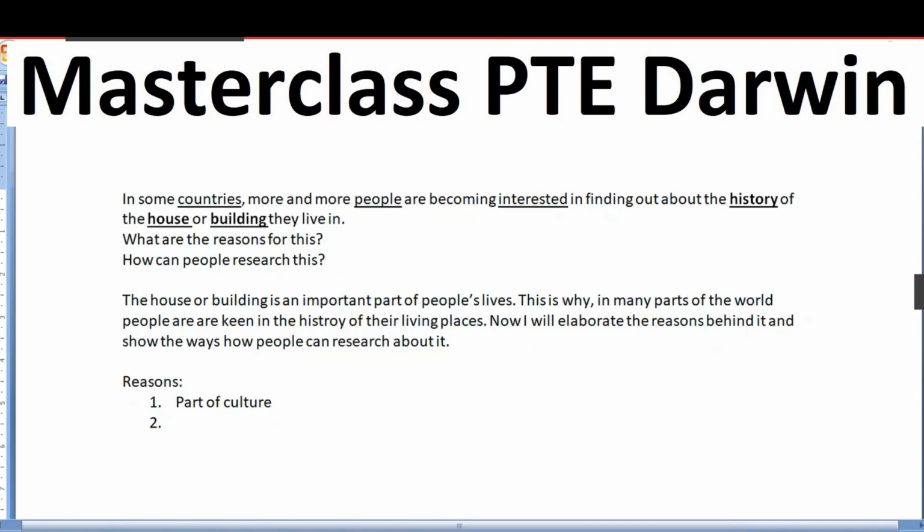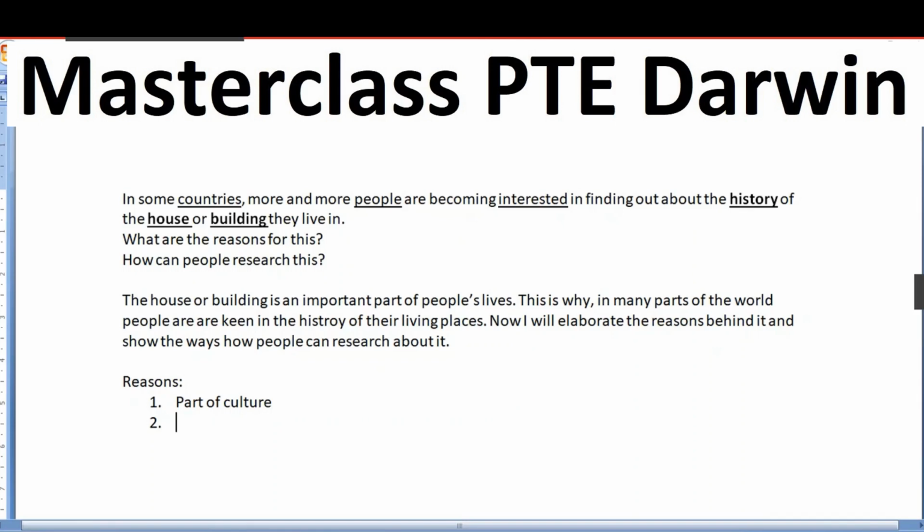So this is one part, part of culture, you said. Another reason could be that people nowadays are studying the past, the impacts, the people's livelihood. Even some of the scientists are researching how people built different things in an eco-friendly way, not disturbing the environment. We are very aware of carbon emission, our carbon footprint.